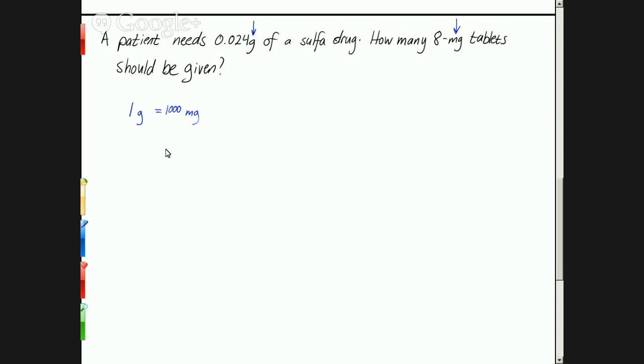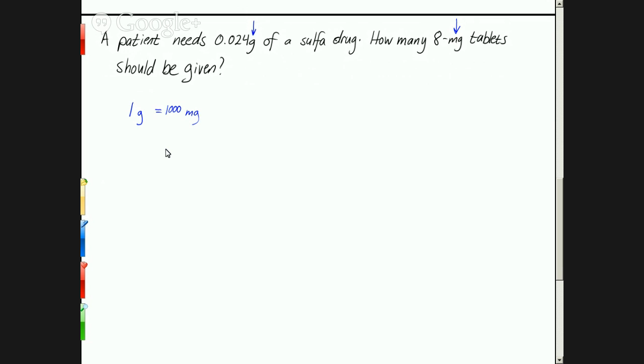All right? So what does the prefix kilo mean? Like kilometers or kilograms? How many is that? It's 1,000. So there's 1,000 grams in a kilogram, 1,000 meters in a kilometer, and so on.